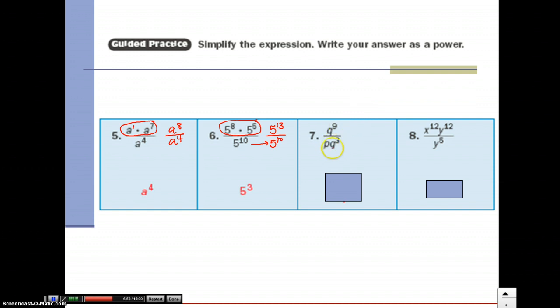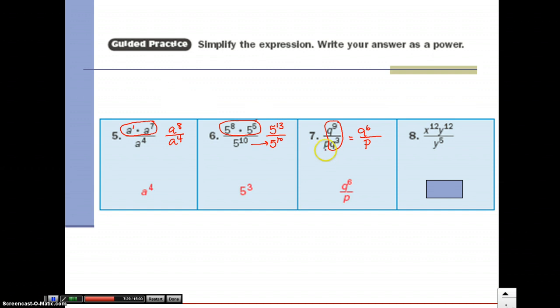There is no multiplication with same base. There is multiplication, but it's different bases. So the only thing I want to do here is divide. Keep the p where it starts, though. Because p's in the denominator, it stays in the denominator. What moves is the q, because 9 minus 3 is going to be q to the 6th power.